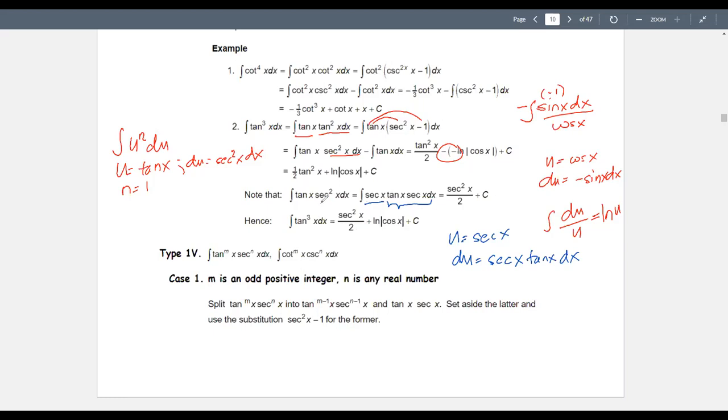If you treat your tangent cubed x in this manner, tangent of x secant squared of x dx, you will have tangent squared of x divided by 2. So your answer for this tangent cubed of x could either be this one or this one. Do you get it?